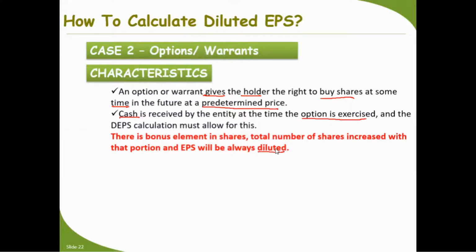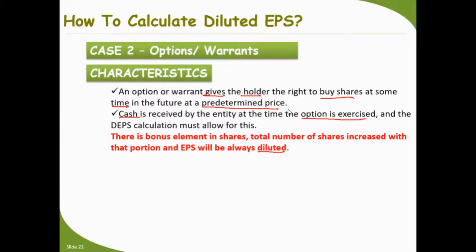Here, because there is the element of bonus, there is always a dilution. There is no possibility for anti-dilution. So always would be dilution. Because that predetermined price will be lower than market price, that is why there is a bonus element.